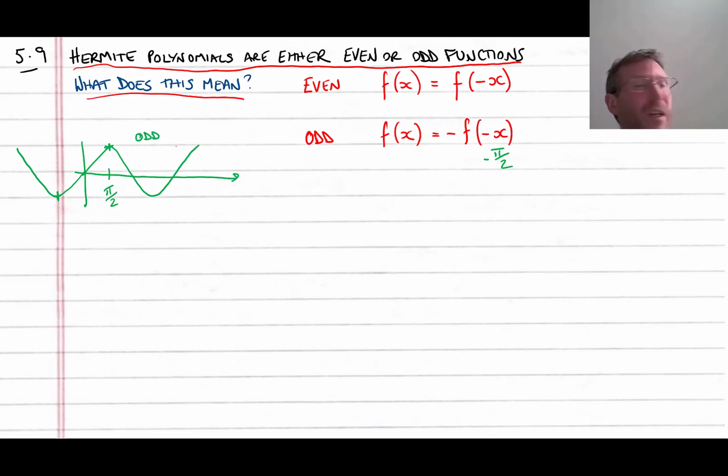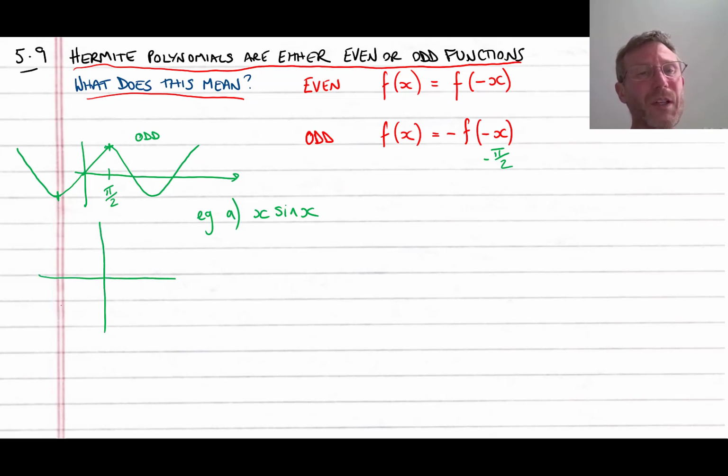At the same time, and these are some of the examples in the chapter, we have example A, and the function x sine x is provided. By the way, the simple function y equals x is an odd function as well. Okay, here's our function of y equals x.